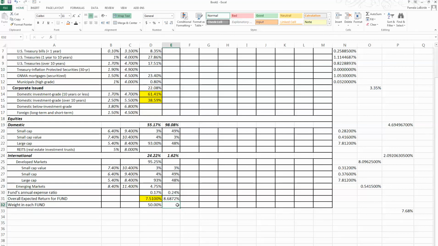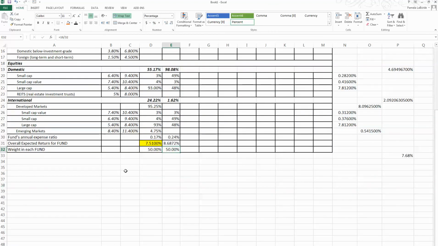And since this is just for Joe, because Jane's numbers get entered separately, Joe again has $16,000 of a total of $32,000 invested in this fund. So there's the weight in the small cap growth fund.